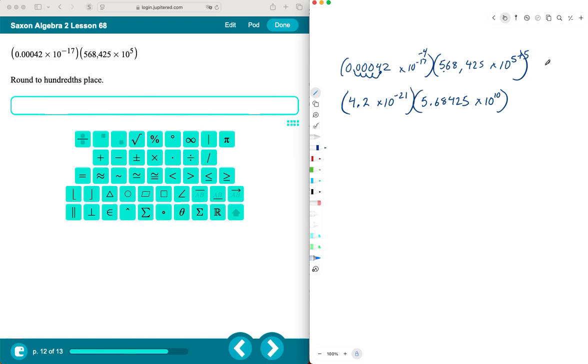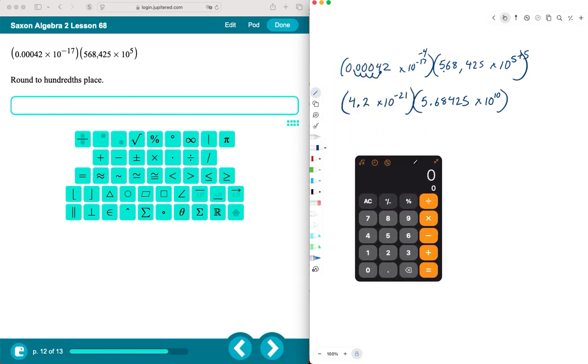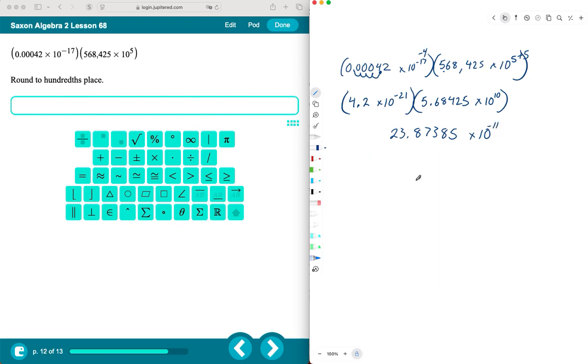Okay, so now we just multiply. So we've got 4.2 times 5.68425. So I have 23.87385 times 10. And if I combine negative 21 and positive 10, I get negative 11. Okay. It says round to the hundredths place, but first I got to put this in the proper format. I'm going to go forward 1, so plus 1.